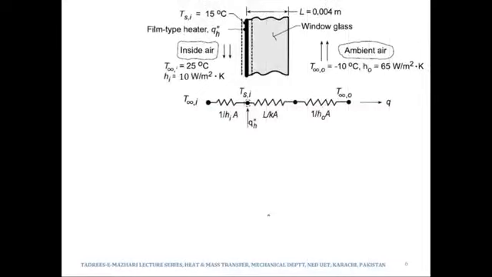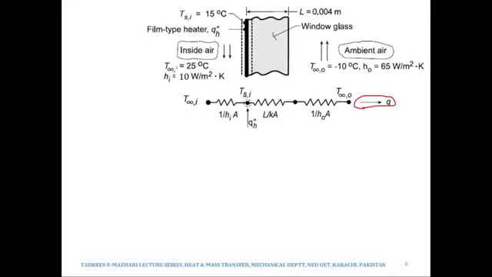Then what? Where will the heat flow? What is the direction of heat flow? Over here it shows the direction of heat flow, but you need to decide the direction of heat flow yourself. Heat flows from higher temperature to lower temperature, right?